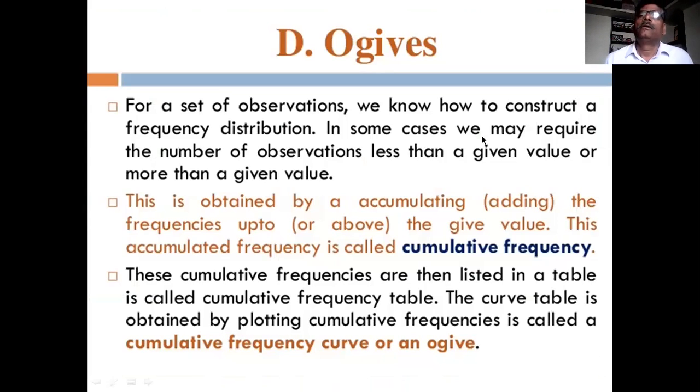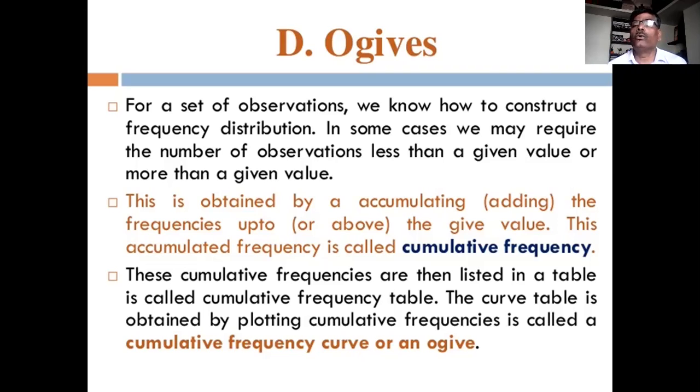First is the histogram, second is the frequency polygon, third is the frequency curve, and fourth is the ogive. What is an ogive curve? For a set of observations, we know how to construct a frequency distribution. In some cases, we may require the number of observations less than a given value or more than a given value.